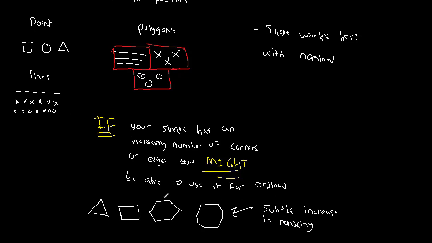So if you were to use this in conjunction with a very well laid out legend, you might be able to get this to work for ordinal or interval ratio.